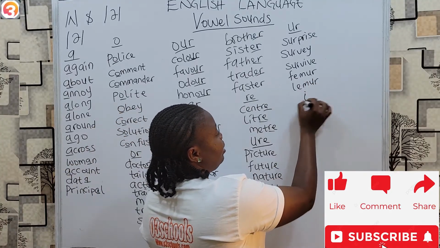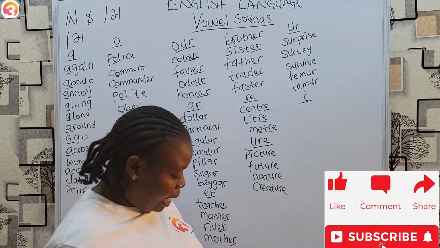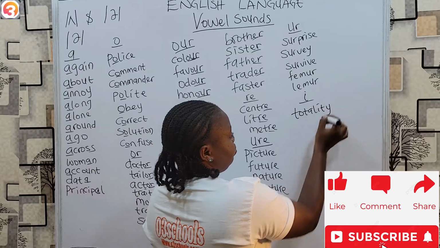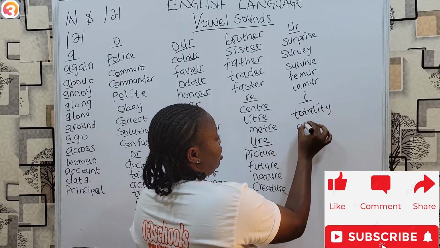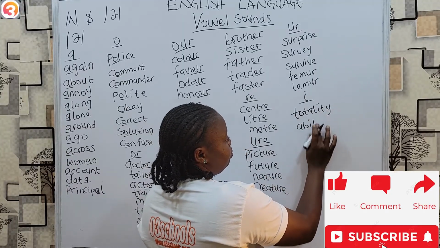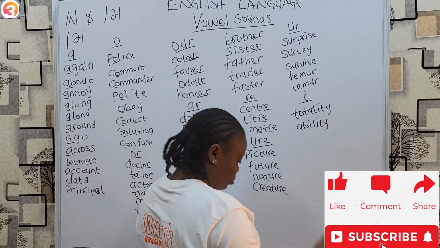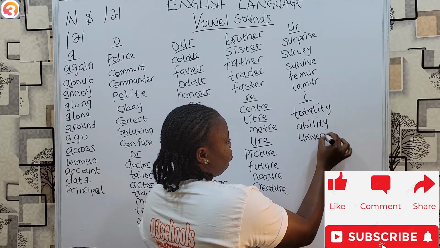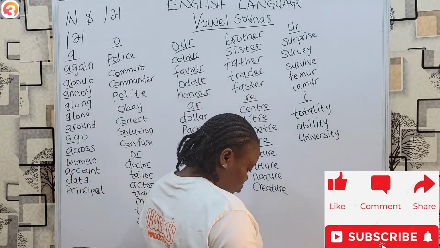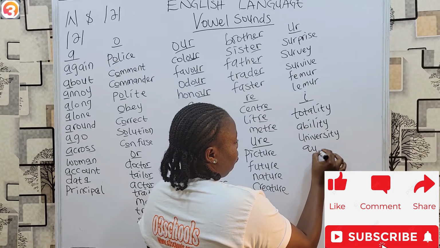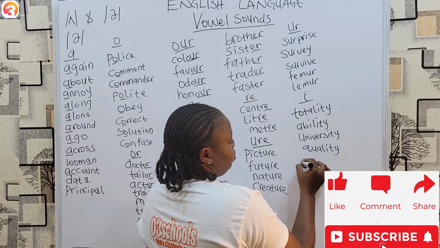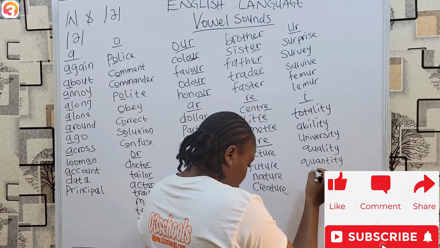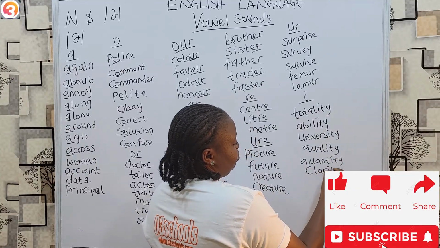We also have I in some words, also at the end, like totality, ability, university, quality, quantity, clarity.